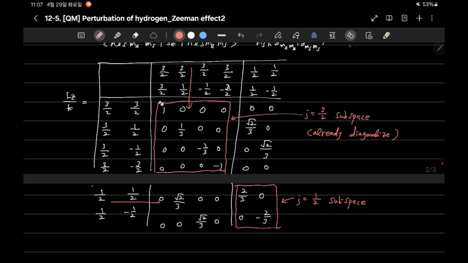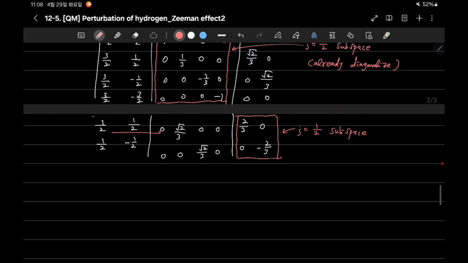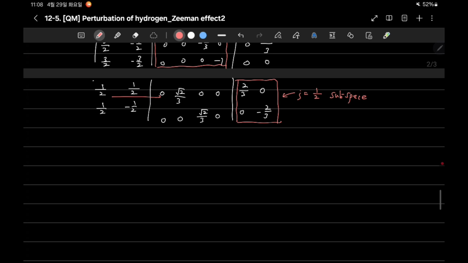But our interest is the J equal to 3/2 subspace and 1/2 subspace, and if this subspace is not diagonalized, we should perform the diagonalization. But this subspace is already diagonalized, so it is well defined. Likewise, from this relation, S_z also can be calculated.